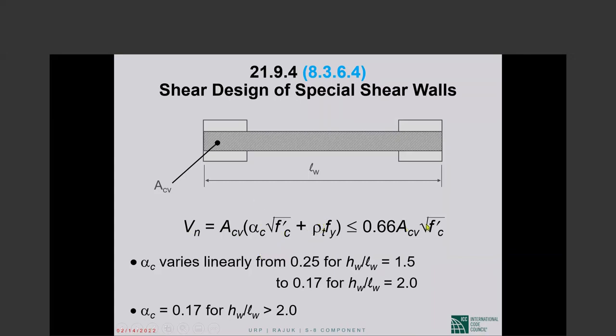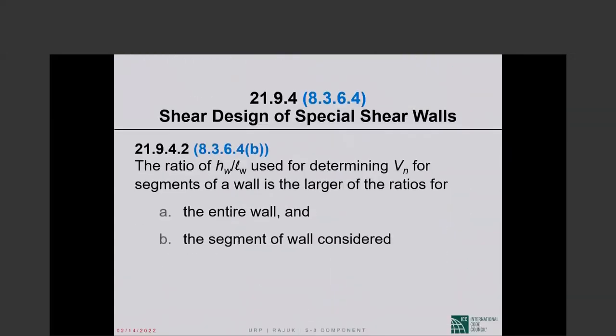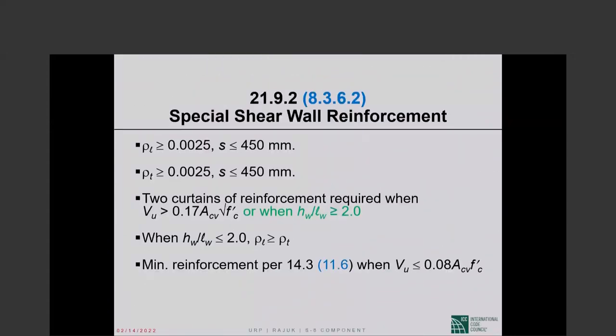So that tells us how to figure out how much horizontal shear reinforcement we need. This is a detail: the height to length ratio used for determining V sub n for segments of a wall is the larger of the ratios for the entire wall and the segment of wall considered. That is a detail that I don't know how important it is.